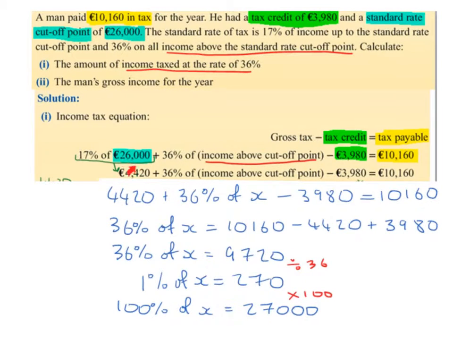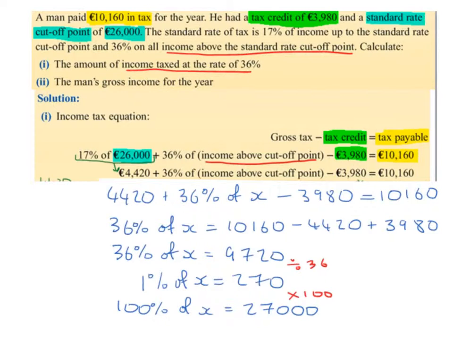So I'm bringing this down here, the €4,420, and 36% of the income above the cutoff point, I'm rewriting as 36% of X. So that's all I've really changed here, is I've changed the income above the cutoff point to X. I bring down the minus 3,980, and I bring down the equals 10,160. So now we have an equation in terms of X that we want to solve for X.